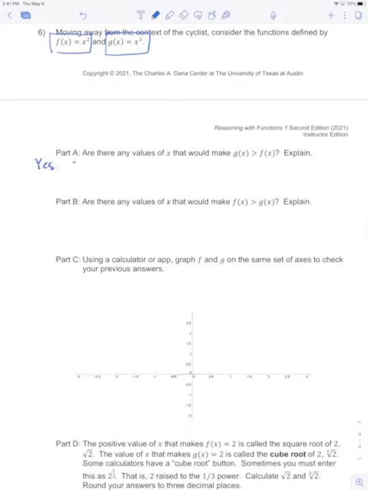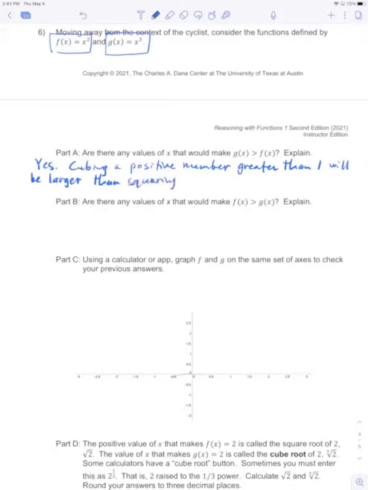And then we know if we cube a positive number greater than 1, it will be larger than squaring that same number.